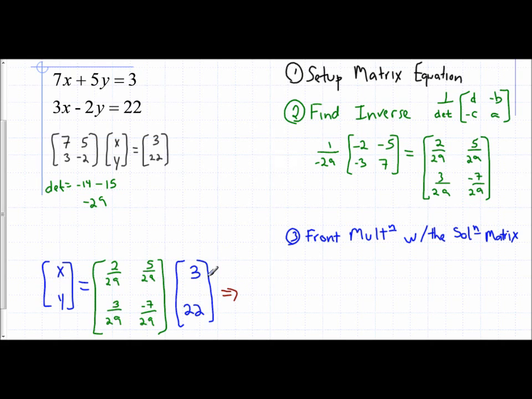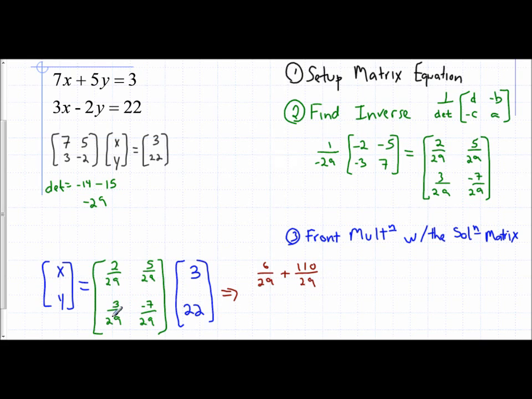And so I have rows by columns. So I have 2 times 3 is 6, so 6 over 29 plus 5 times 22, which is 110 over 29.